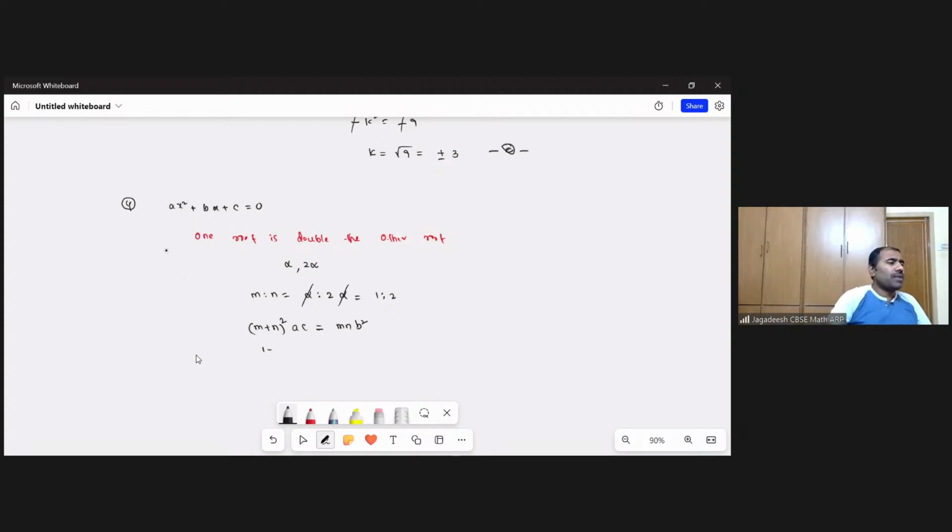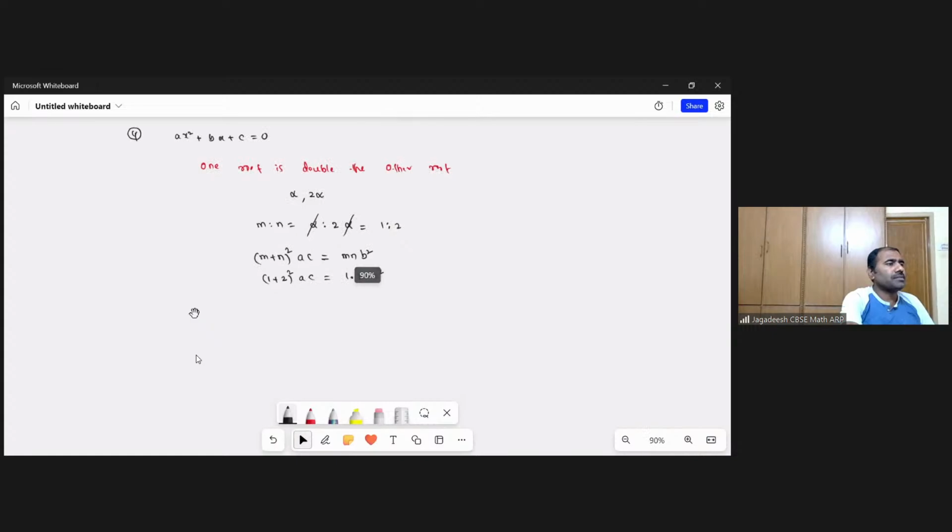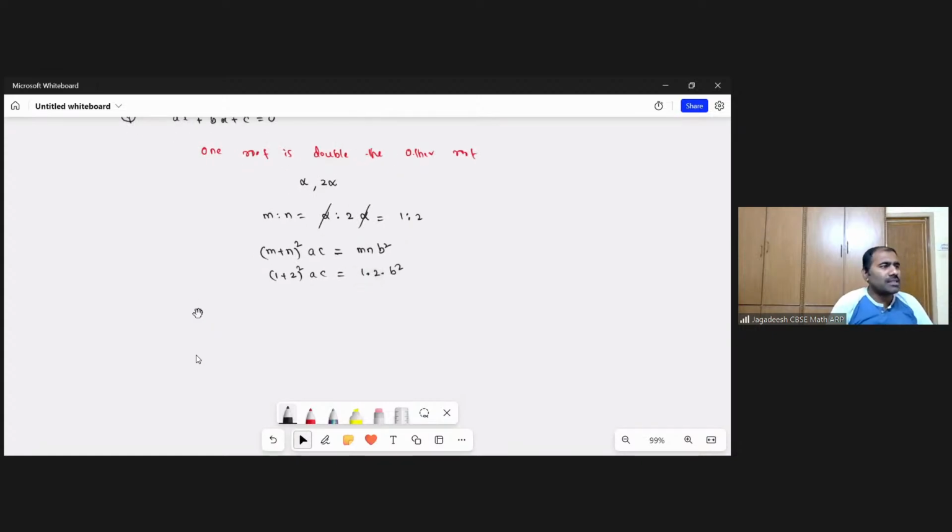Substitute here: (1 plus 2) whole square into ac equal to 1 into 2 into b square. 1 plus 2 is 3, so 3 square is 9. So we get 9ac equal to 1 into 2, that is 2b square. 9ac equal to 2b square.